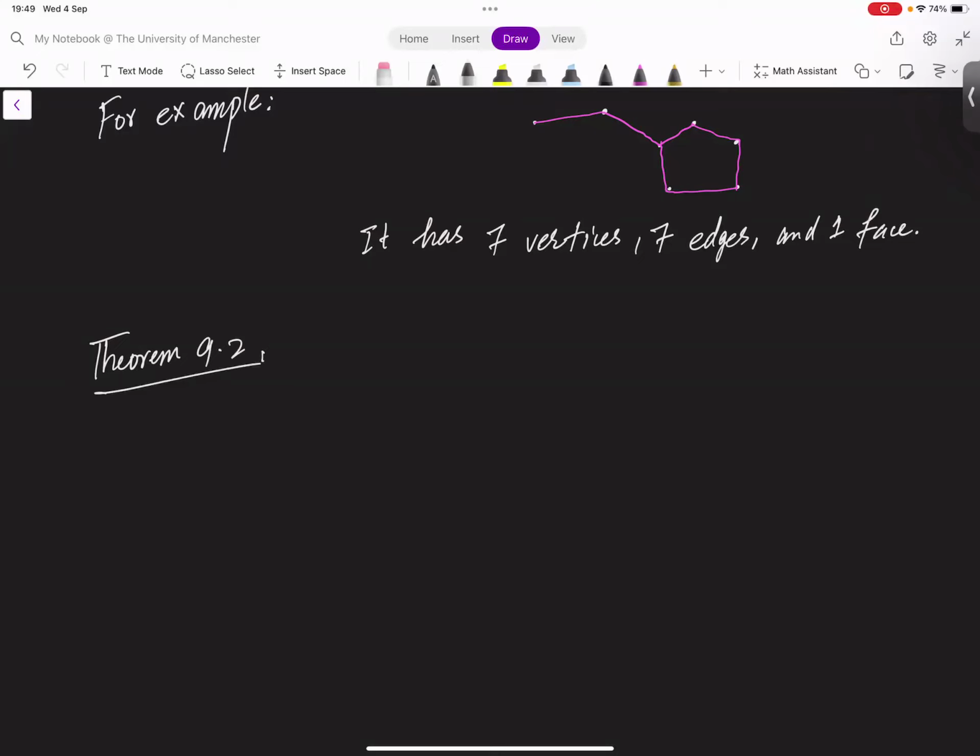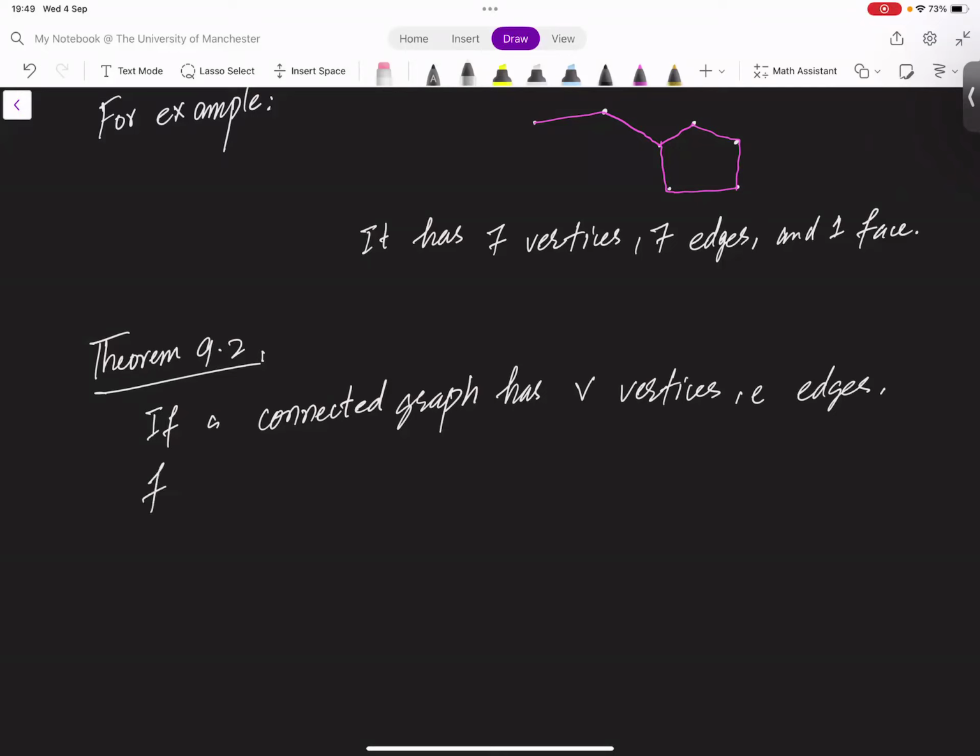It says that if a connected plane graph has V vertices, E edges, and F faces, then V minus E plus F is 1.